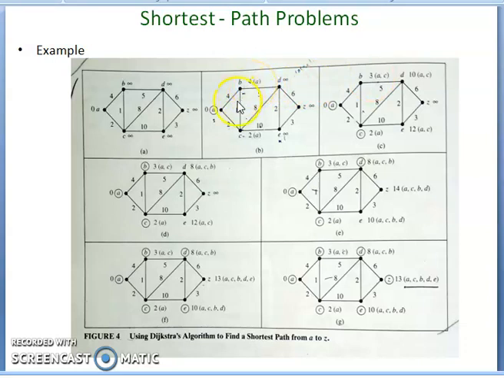But if you visit B along the path A to C to B, the path distance is only 3. That is the lesser value. So you remove the 4 and update with 3, and the path is A, C to B, right? So that's why 3 of A comma C.